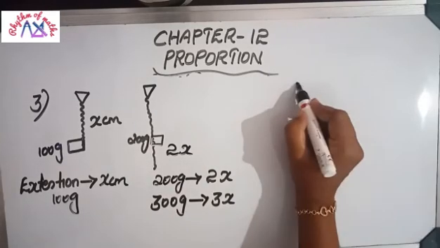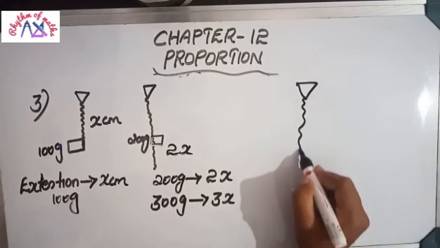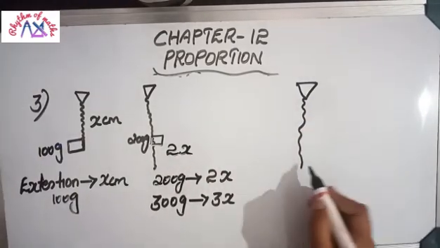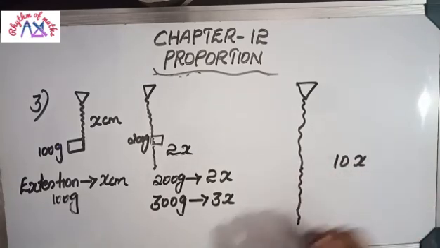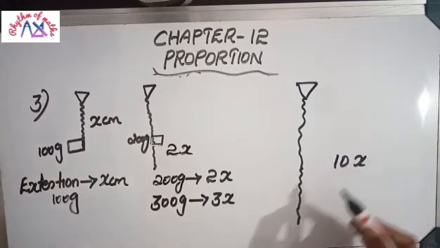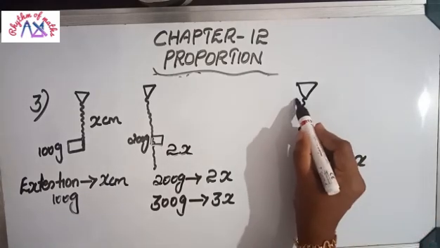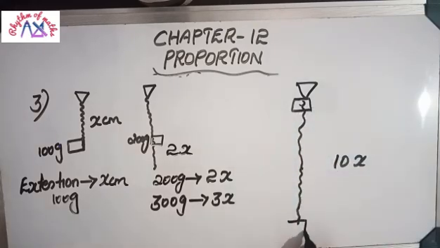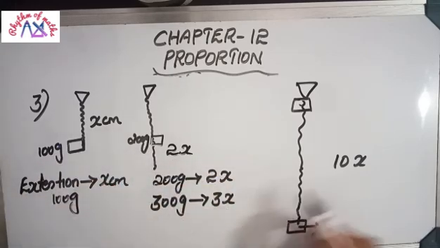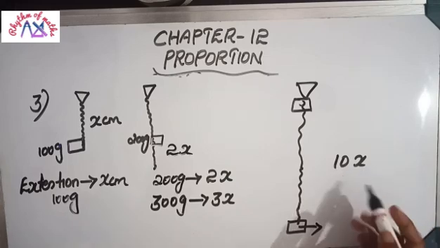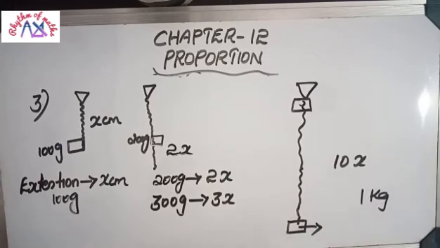For example, if we place a particular weight and we don't know what that weight is, and the spring extends 10x centimeter, what will be the weight we have placed here? If 1x means 100 gram, 2x is 200 gram, 3x means 300 gram, so 10x means 1000 gram. That is 1 kg will be the weight. By marking the distance or extension, we can find the weight of that particular thing.